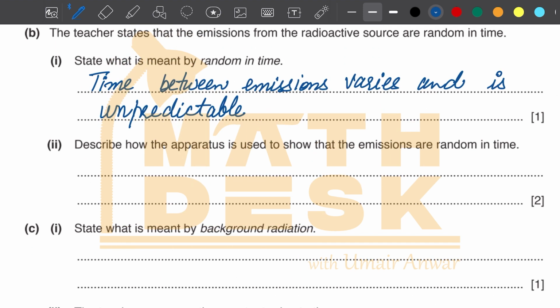In the next part, the question says, describe how the apparatus is used to show that the emissions are random in time.